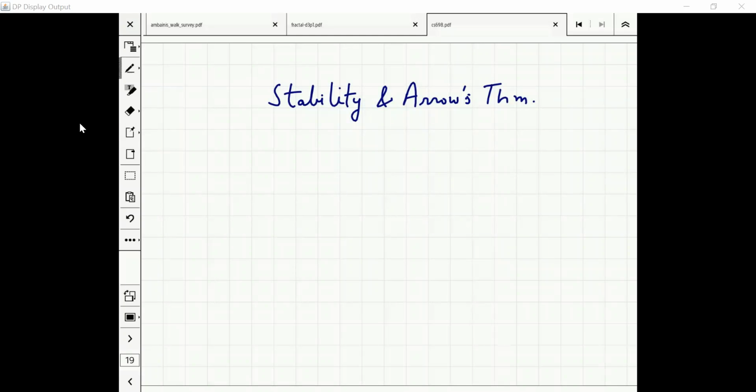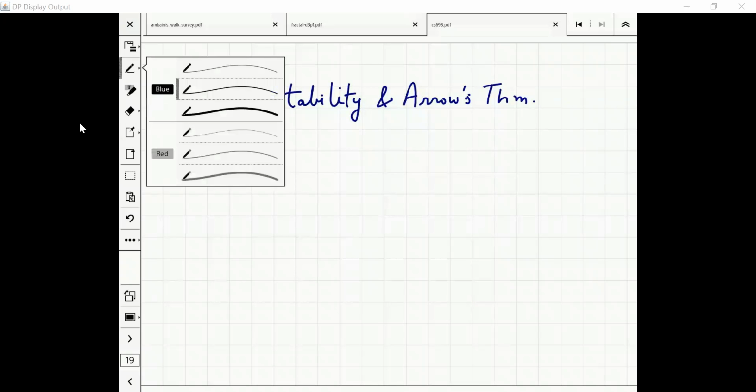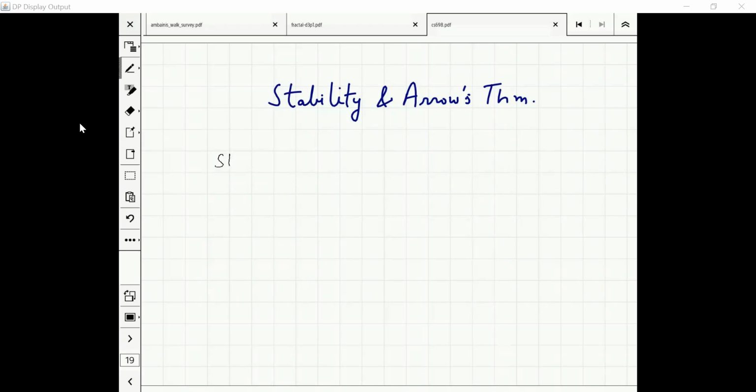Tell me, what was the definition of stability? Do you remember? We defined this concept of stability of a function. If you don't remember the definition, then you can tell me what the idea for it was.